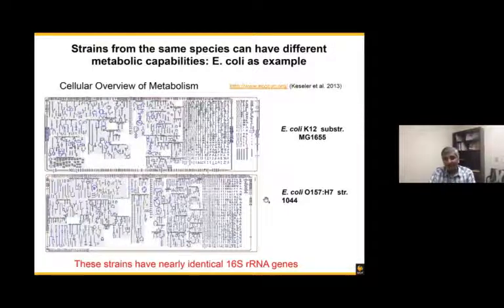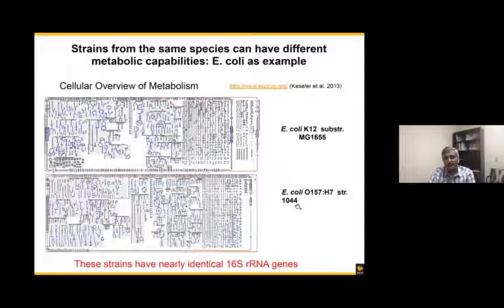In this slide, I've shown a metabolic map of 2 different strains of E. coli. Don't worry about what all the different parts of the figures mean. From a high level, you can see that these 2 figures are different. These are metabolic maps of 2 different strains of E. coli that have nearly identical 16S genes, but are very different functionally.